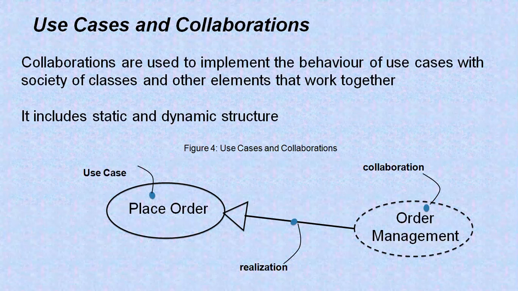Ultimately, however, we have to implement the use cases, and we do so by creating a society of classes and other elements that work together to implement the behavior of the use case. So this society of elements, including both the static and dynamic structure, is modeled in the UML as a collaboration. So in this figure, we are explicitly specifying the realization of the use case by a collaboration.